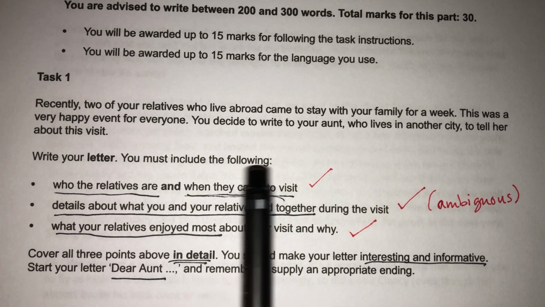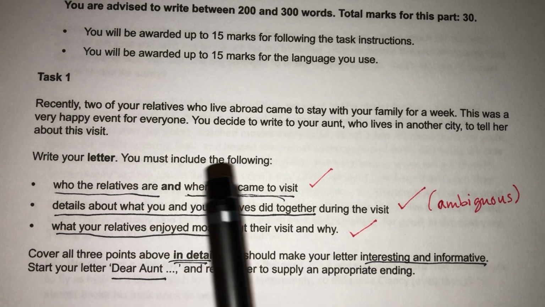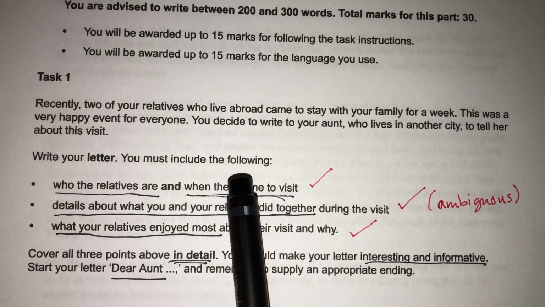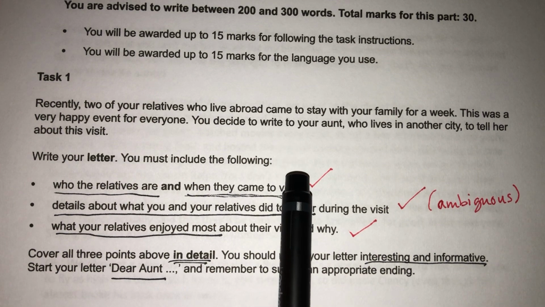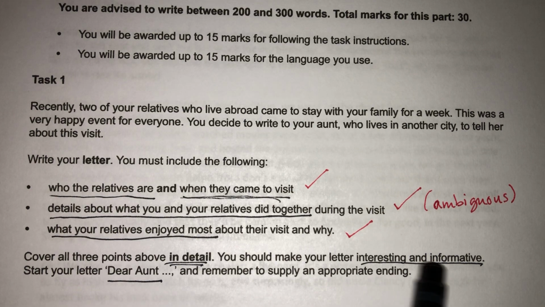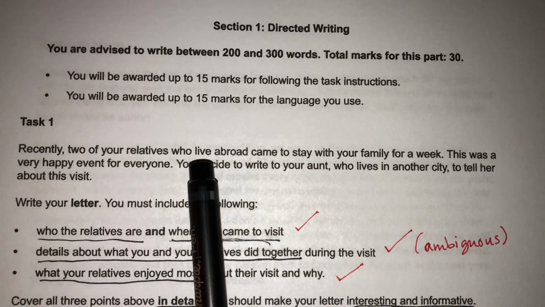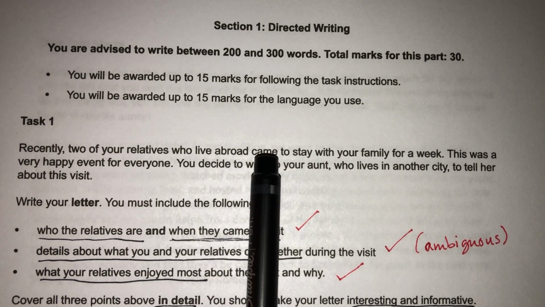Okay, and depending on the easy stuff to do, you work those around the more challenging ones. Okay, so for example, the challenging part of this question is the detail and having it being interesting and informative. Okay, so here the first thing I told myself is, they live abroad, where do they live? And where am I right now?